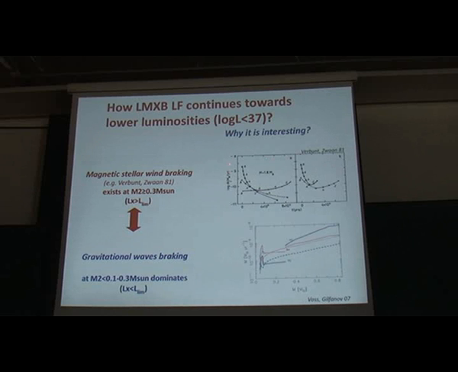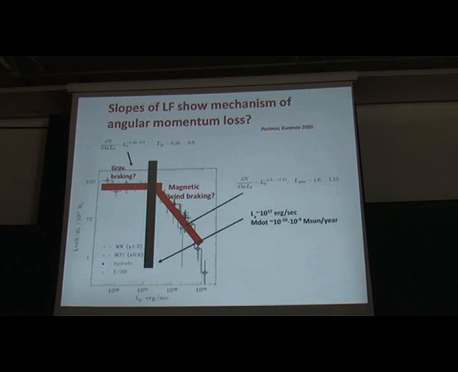Then you see how the evolution of M dot with time of some low mass X-ray binary. So the effectiveness of magnetic stellar wind braking is diminishing, and gravitational wave removal of angular momentum is increasing. And at some point there should be just a change from one mechanism to another.